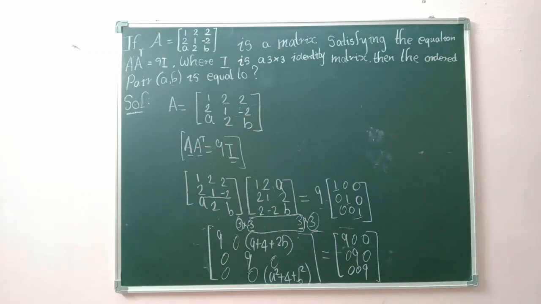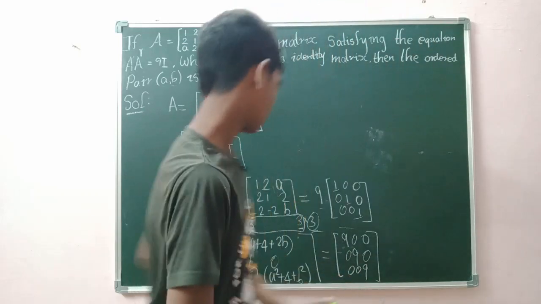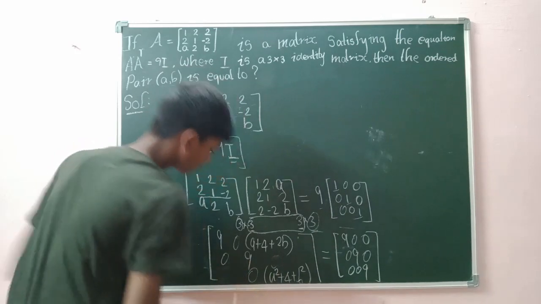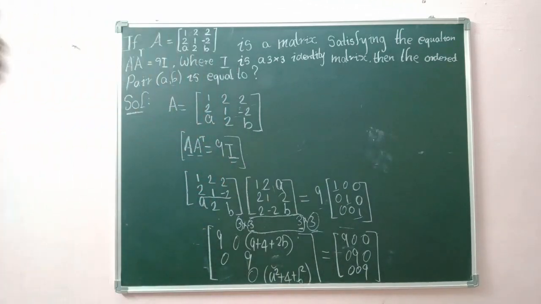So now I think I made some mistake. Instead of writing these zeros, I can write a plus 4 plus 2b, because I need more than 3 equations in order to find a and b.